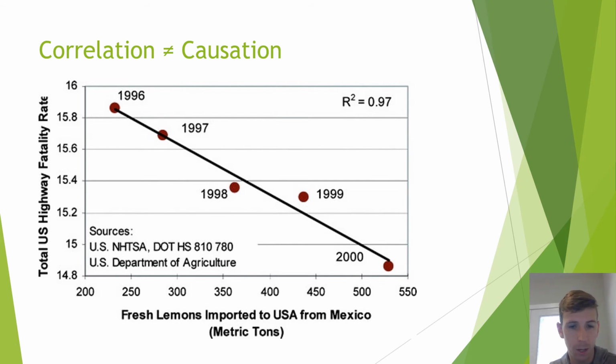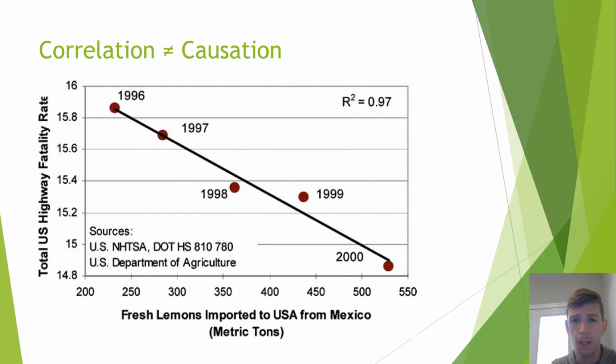Here's one I just found. Down here, explanatory variable, fresh lemons imported to US from Mexico, and the corresponding response variable here is total US highway fatality rate. So what this is saying is as X is increasing here, as more lemons are imported from Mexico, all right, the traffic fatalities are decreasing.